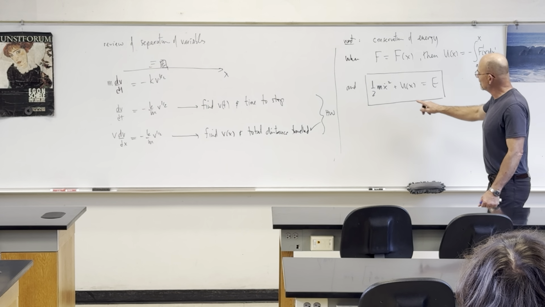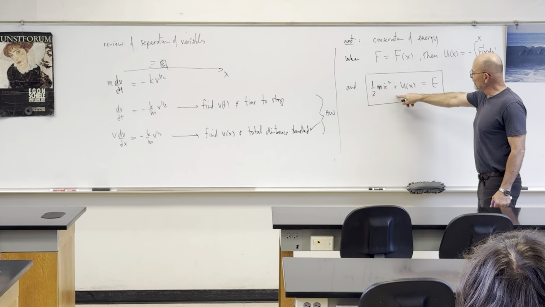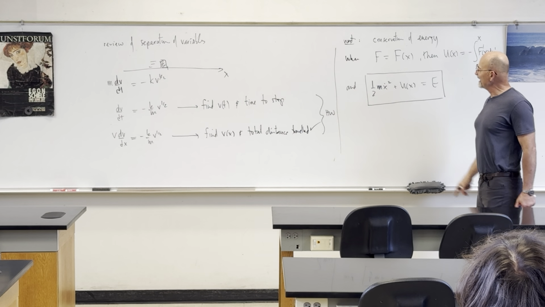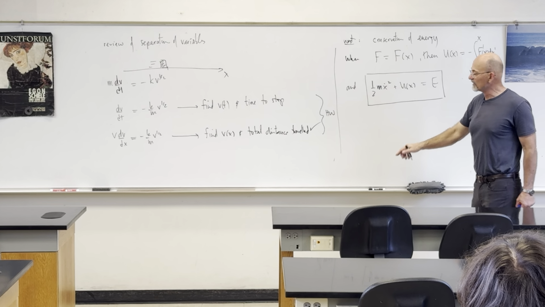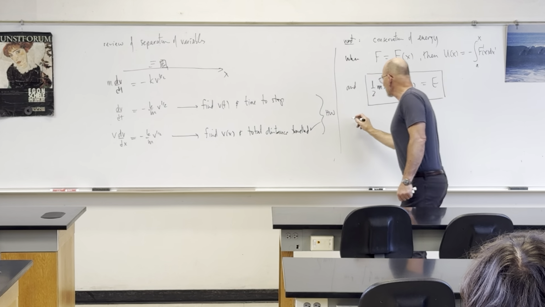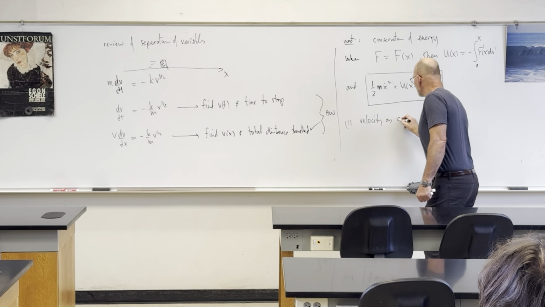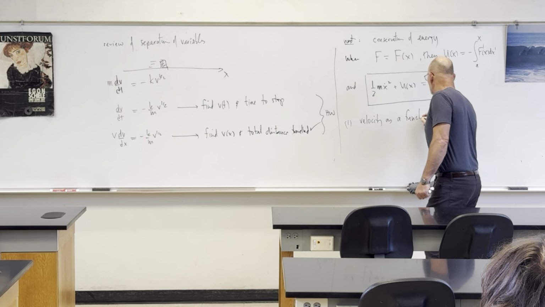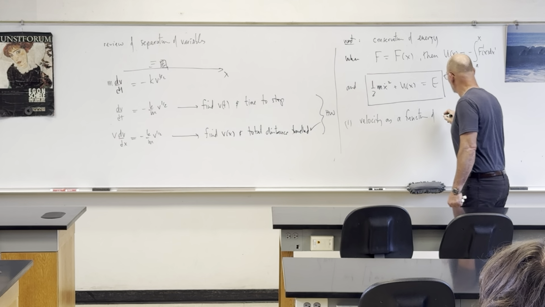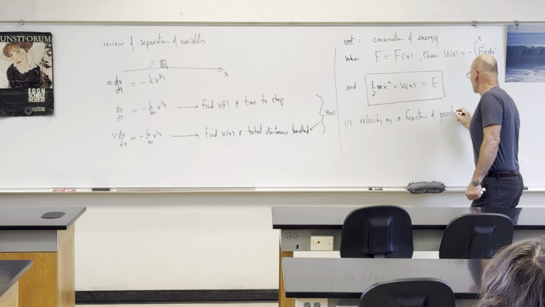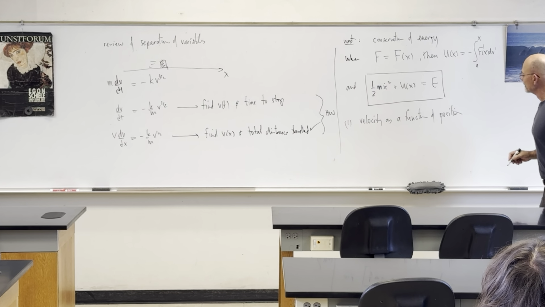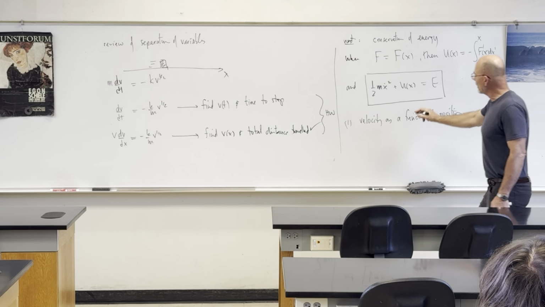First of all, we can just use this as a solution of v as a function of position. Okay. So the one thing we can get is the velocity as a function of position. And yeah, we'll go ahead and even solve it here.